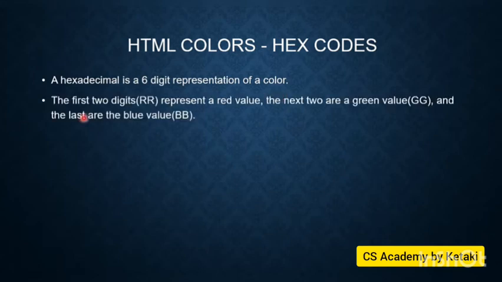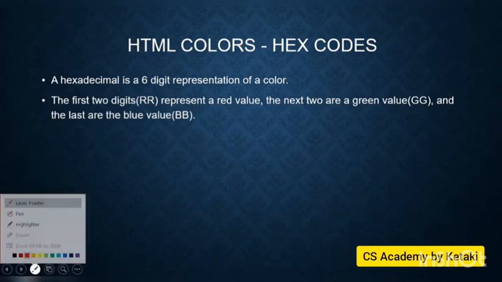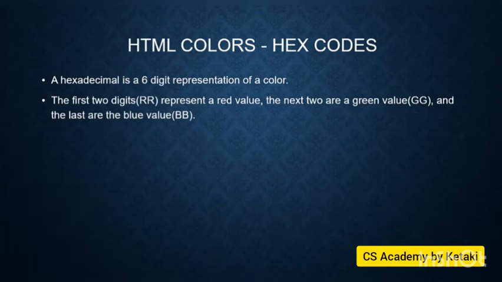Next, the first 2 digits are RR. What is RR? Red. They represent the red value, the next two are green values, and the last two are blue values. For example, the 6-digit hex value represents R, the next two are green. The basic colors are only red, green and blue.